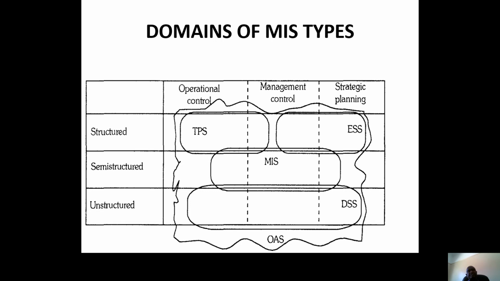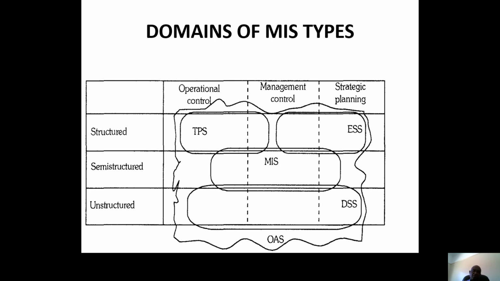But look at the type of decisions. It's mainly semi-structured decisions. Unstructured decisions are left for the strategic level. But look at how it operates. It takes a bit of structured decisions, it takes a bit of unstructured decisions.